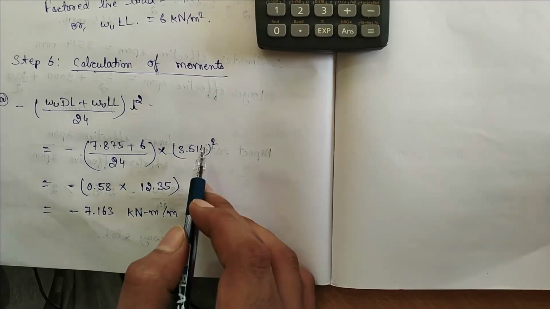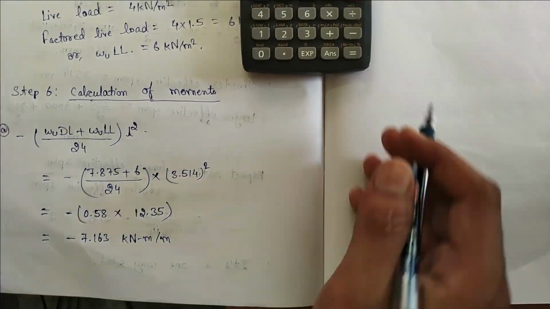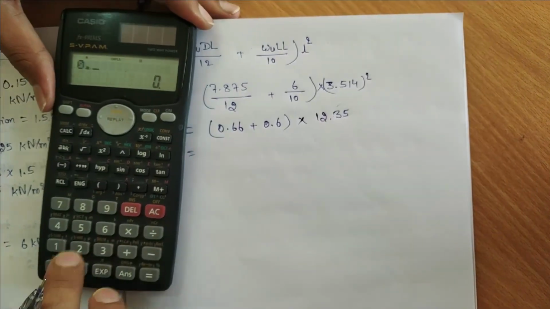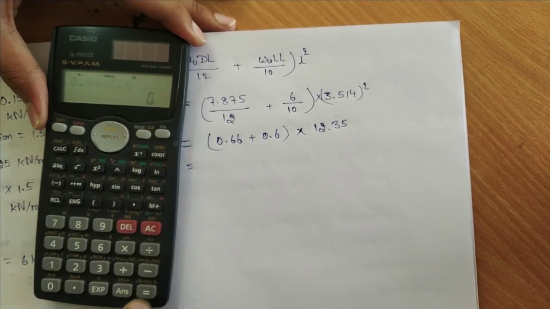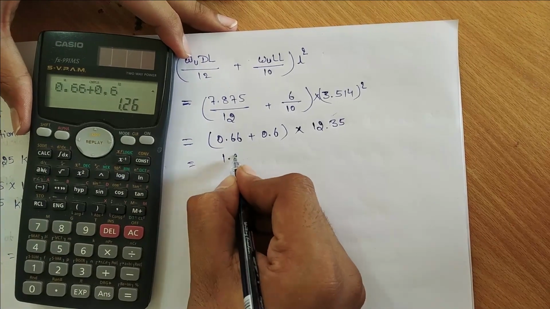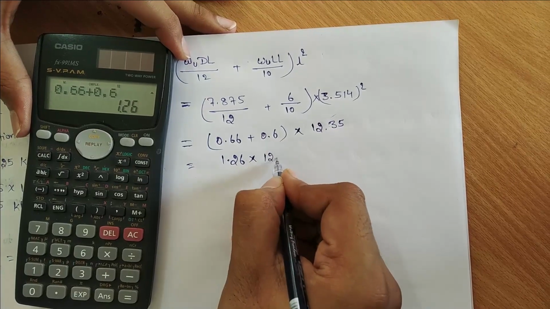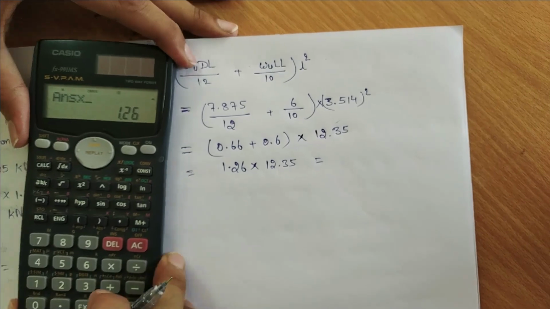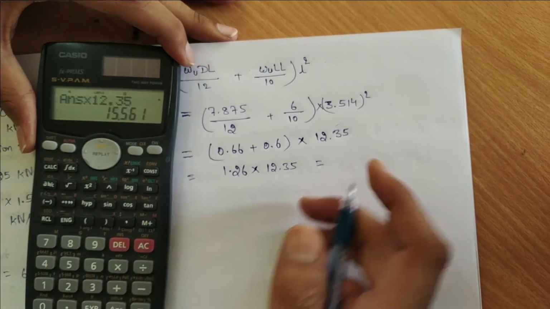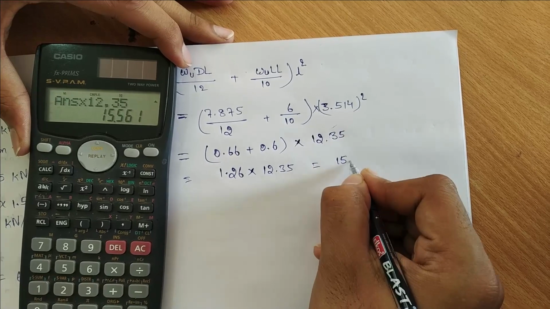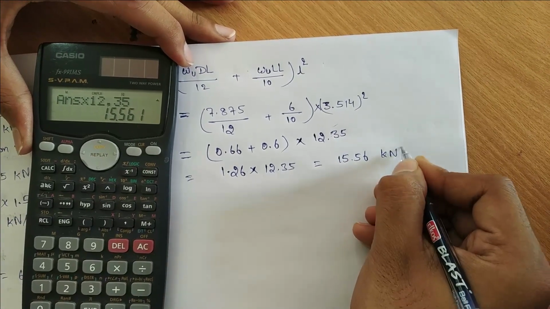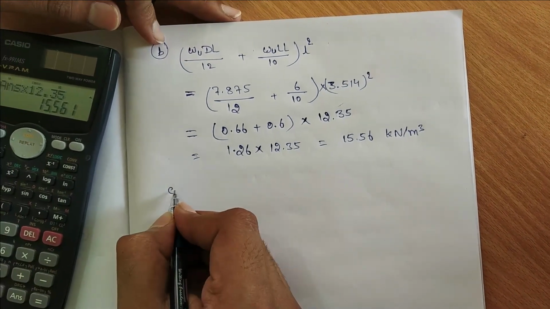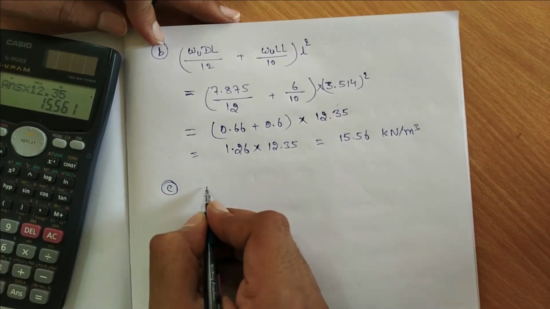I will take it as 12.35 in the further numericals. It will save my time. 0.66 plus 0.6 is equal to 1.26 into 12.35, which is equal to 15.56 kilonewton meter per meter.